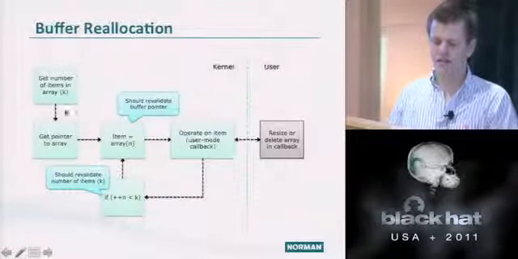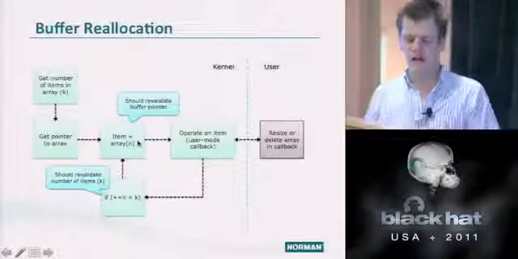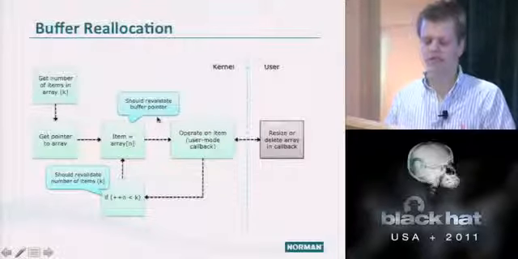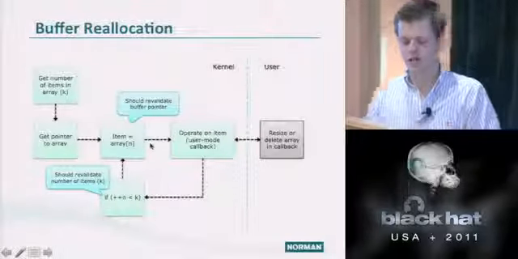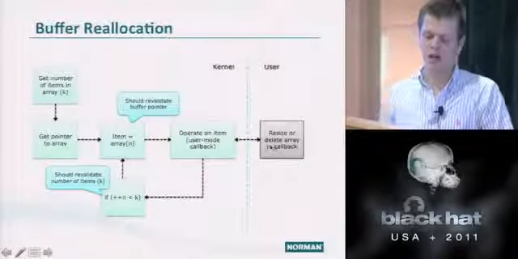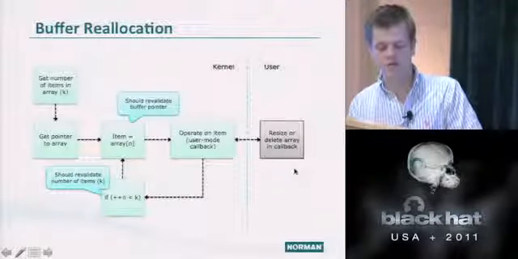So you get the number of items in the array, you get a pointer to the array, you look up the first item. This should actually revalidate the buffer pointer for each iteration. Then you operate on that item. You might have a user mode callback in which you could resize the array itself.